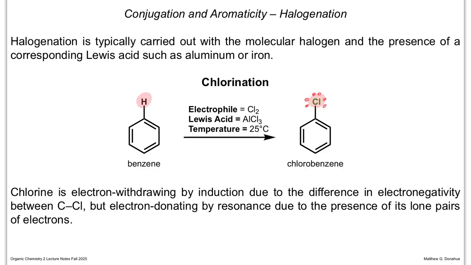We know that chlorine is going to have 3 lone pairs, so it's delta minus, and that carbon would be delta plus. So by induction, it should be withdrawing. But due to the lone pairs, it's donating to some extent. So that makes it an electron donating group.